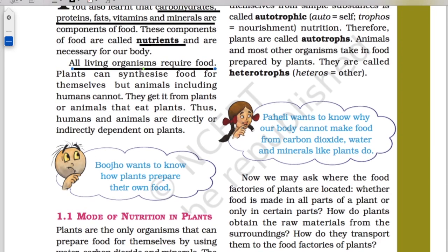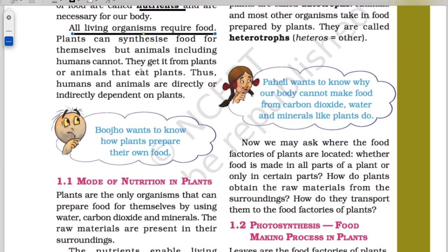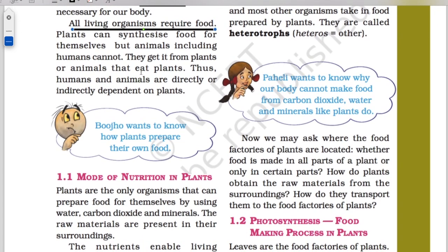This food provides nutrients to us, and with the help of those nutrients, our body performs all the functions like growth, etc. We all need food.